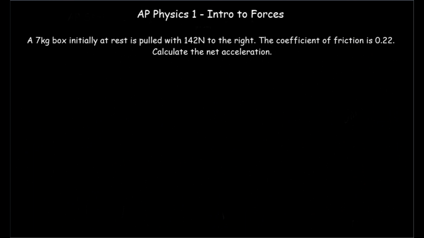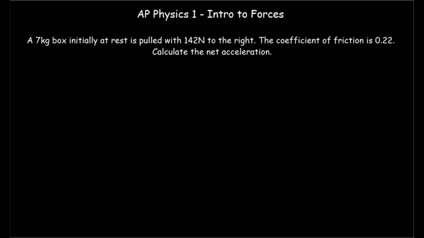Okay, so in this problem, it's not as straightforward, but it's still not too hard, if I'm being honest. It's basically saying that a 7 kilogram box initially at rest is pulled with 142 newtons to the right. So we have our mass and our force of push right then and there. The coefficient of friction is 0.22.